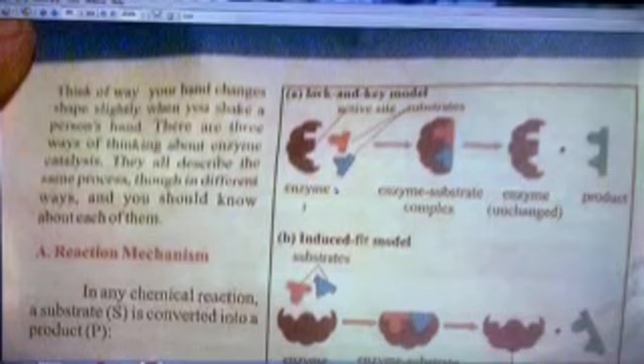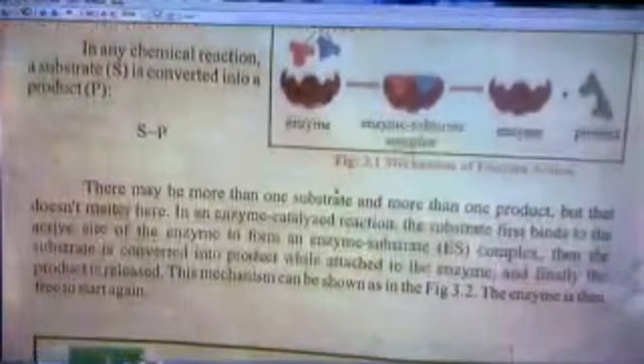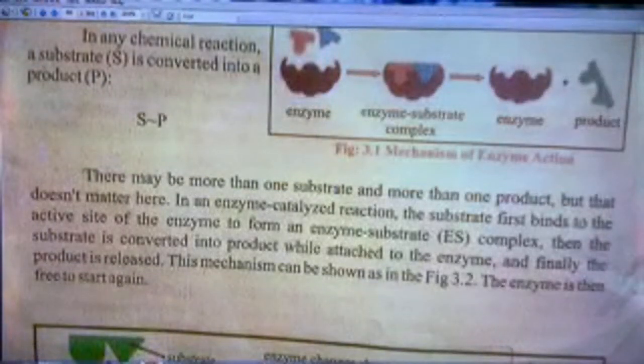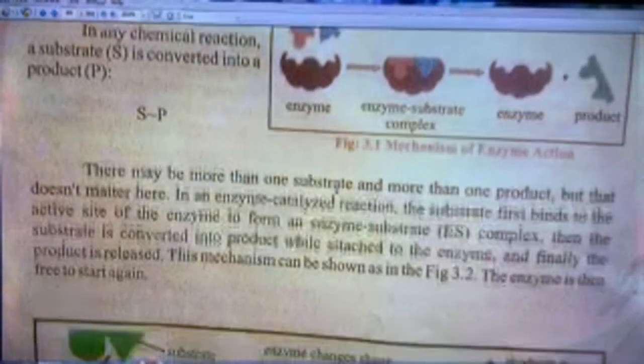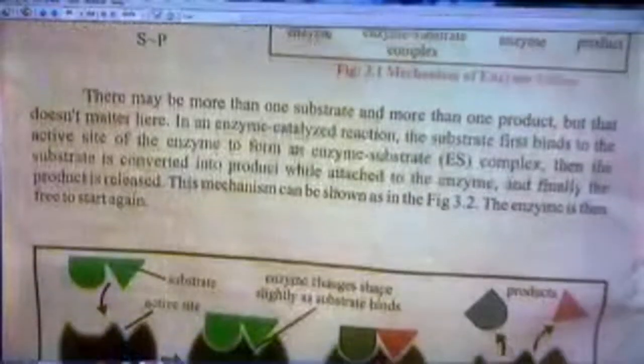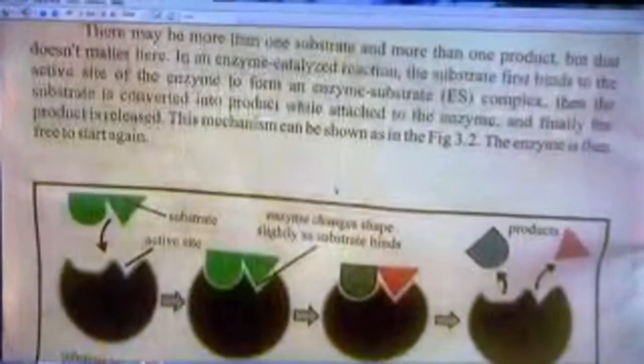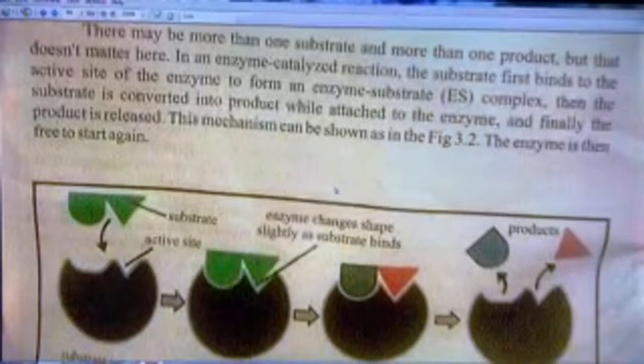There are three ways of thinking about enzyme catalysis. They describe the same process, though in different ways, and you should know about each of them. Reaction mechanism. In any chemical reaction, a substrate is converted into a product. There may be more than one substrate and more than one product, but that doesn't matter here.